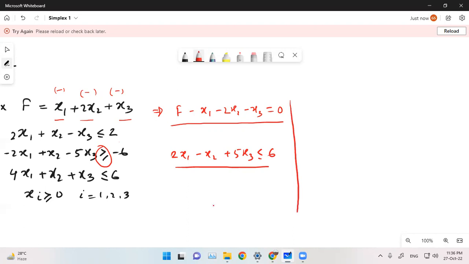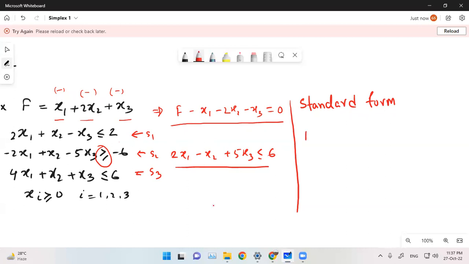Standard form. So let's write the three equations first, and we can see that we have three equations. So basically, three slack variables will be required: 1 for this one, 2 for this one, 3 for this one. Let's write the equations in such a way that all of them are available in all the equations.